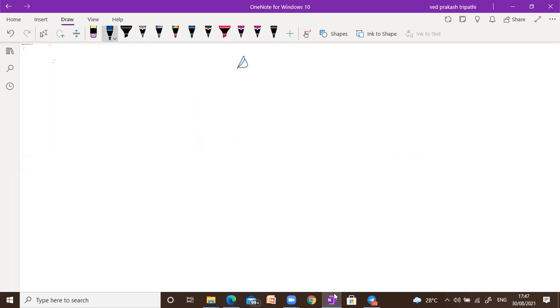Suppose we have the equation delta G equals delta H minus T delta S, and I am saying this is delta H, this is delta S, and this is delta G, and this is the type of process. Suppose my delta H is positive and delta S is negative. What should be the sign of delta G?